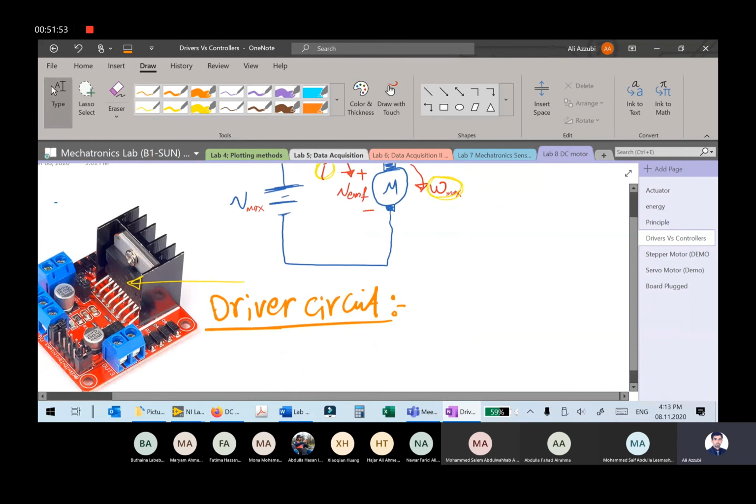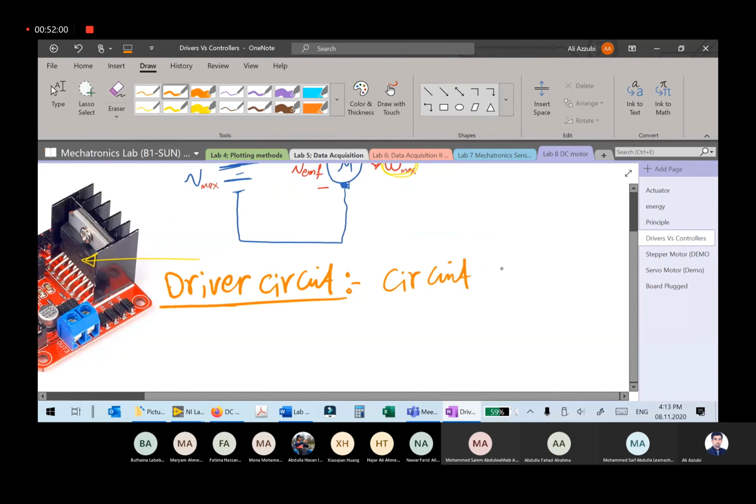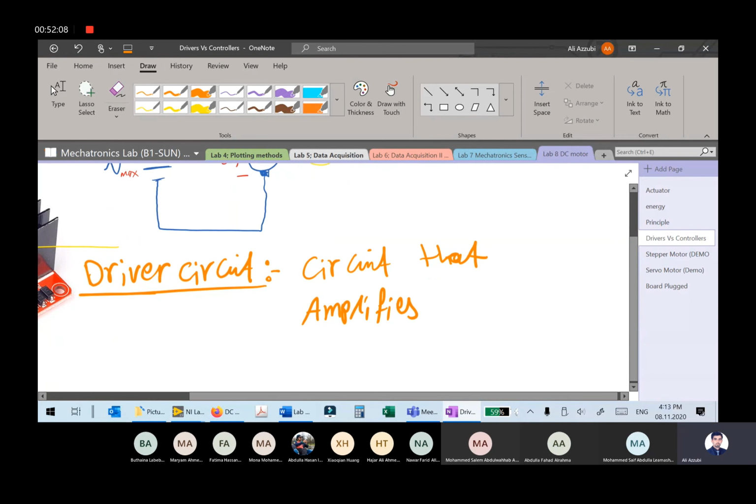Simply, a driver is a circuit that amplifies voltage to drive a DC motor. So we're focusing on DC motors.